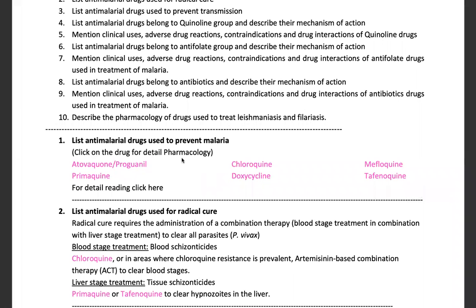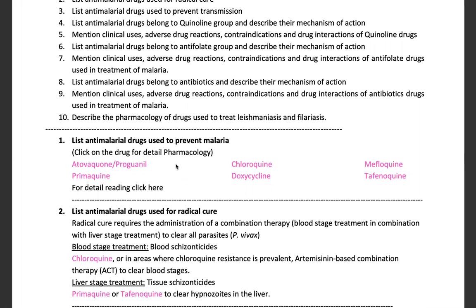Here I mentioned: click on the drug for detailed pharmacology. If you click on any drug in this purple color, you will land on all the pharmacology information, including the indications for use of the specific drug, adverse effects, drug interactions, contraindications, use in pregnancy, mechanism of action, and pharmacokinetics, including absorption, distribution, metabolism, and excretion.